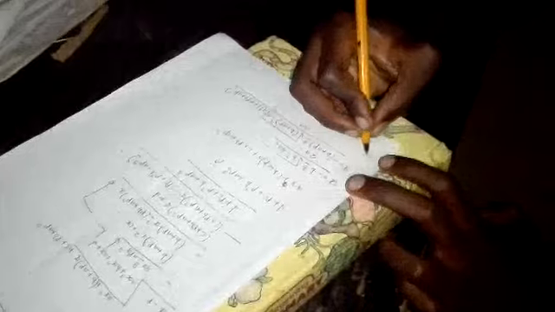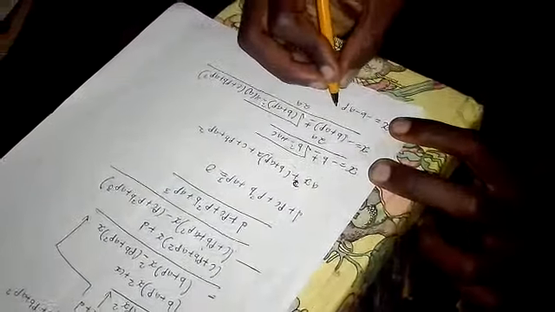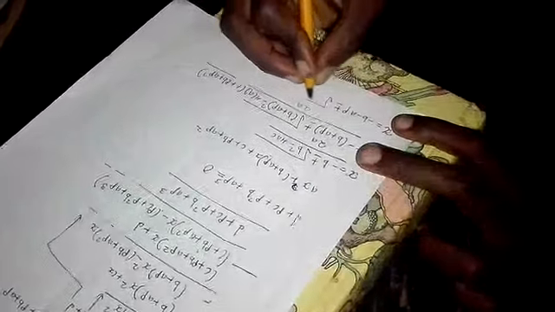Plus or minus square root, where b again is b plus ap, squared, minus 4, our a is a, then our c is c plus pb plus ap squared, over our 2a. So x, this would be negative b minus ap plus or minus square root.